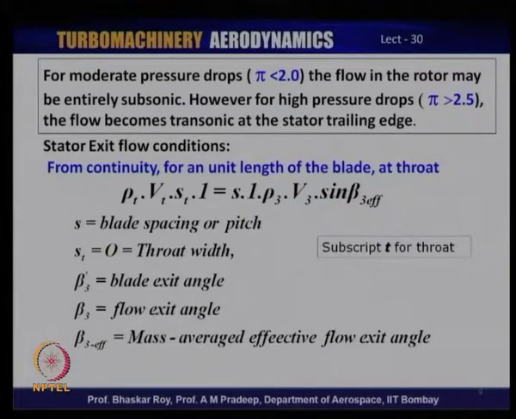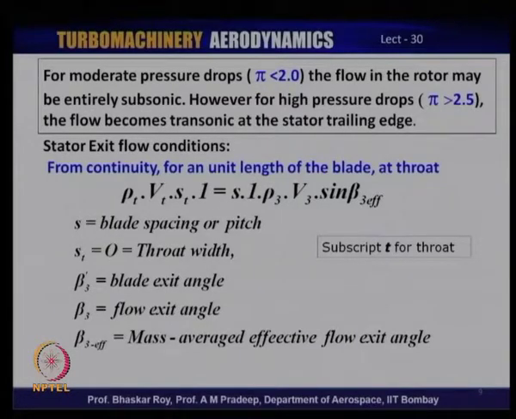On the other hand, if the pressure drop required is higher, 2.5 or more, then the flow may need to be assigned a transonic flow, which means it will go transonic near the stator nozzle exit, and in which case the flow would have certain transonic flow features, and those would need to be then computed accordingly.